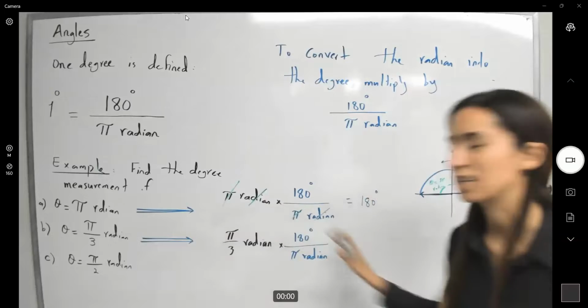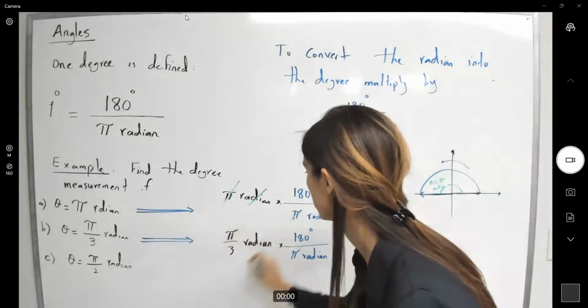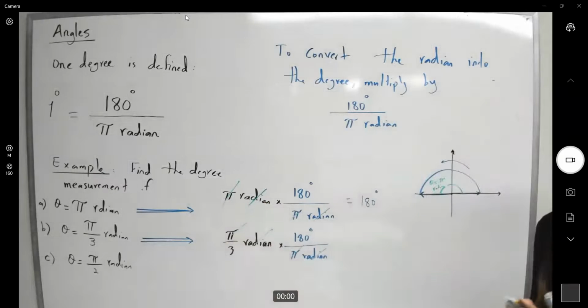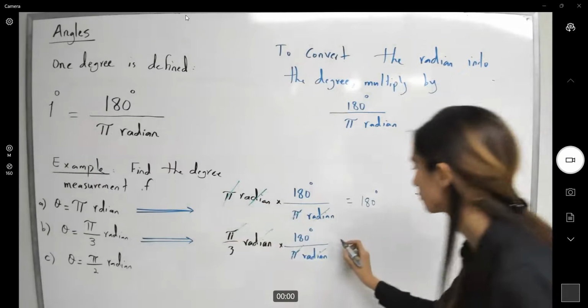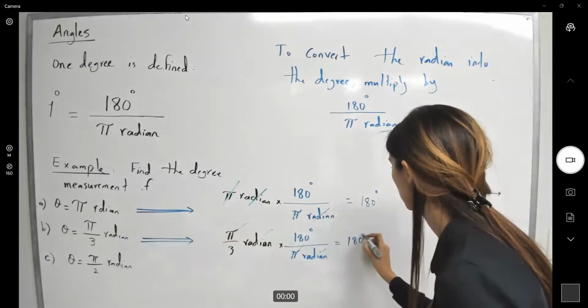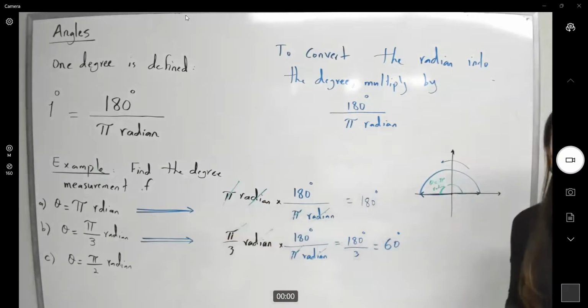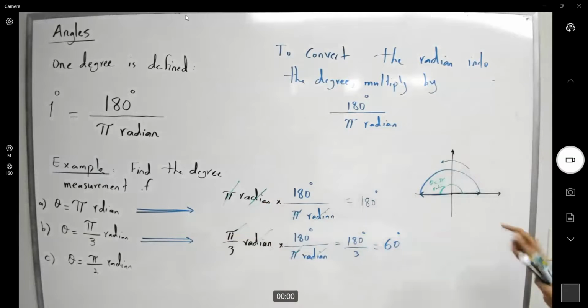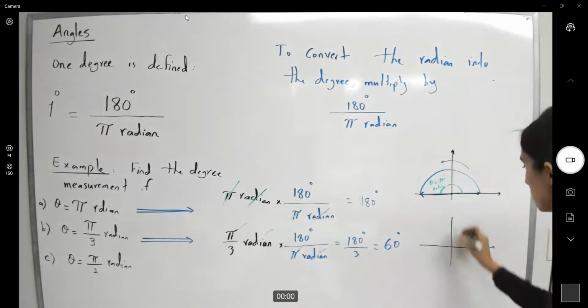Get rid of common factors: pi and pi, radian and radian. What's left is 180 degrees divided by 3, which is 60 degrees.